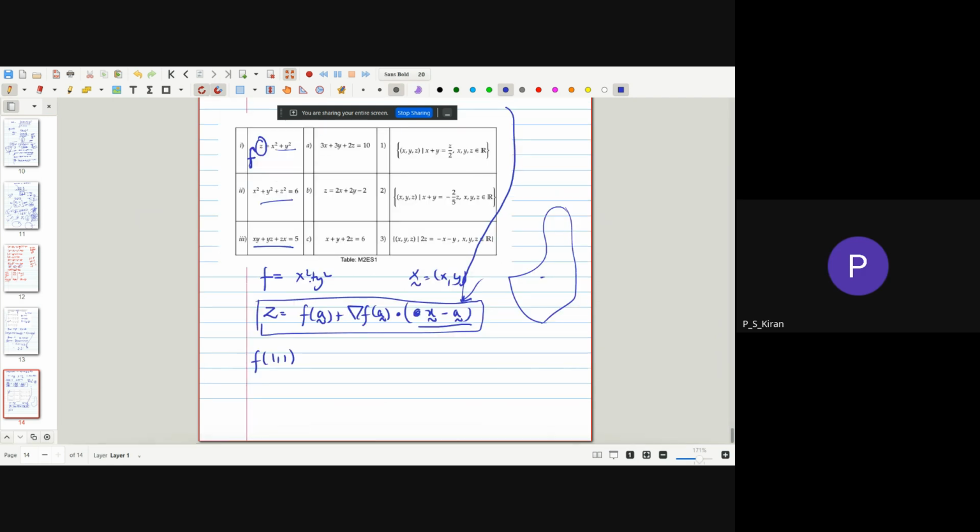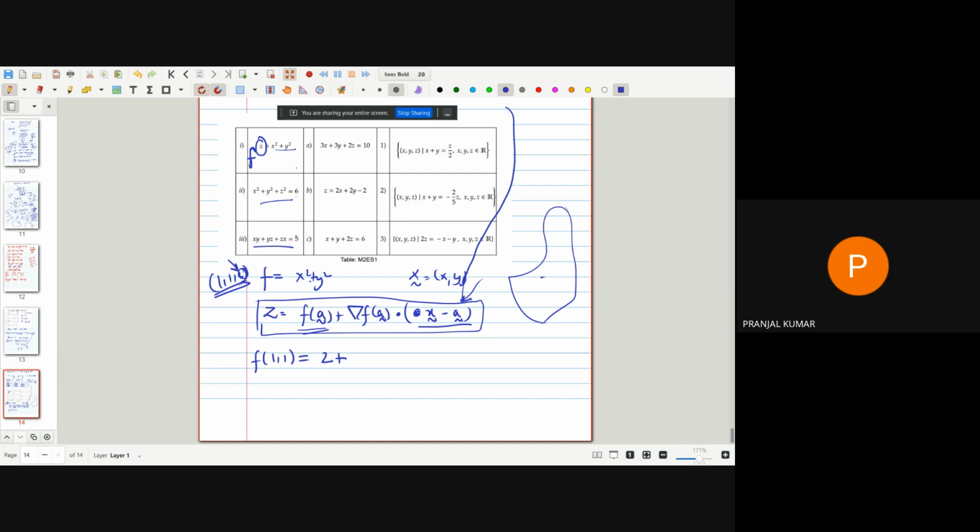They have given you a 3-dimensional point that is on the surface. Is this much clear? So f of (1, 1) is 2. You can directly write it, so you don't need to do it again and again by substituting.